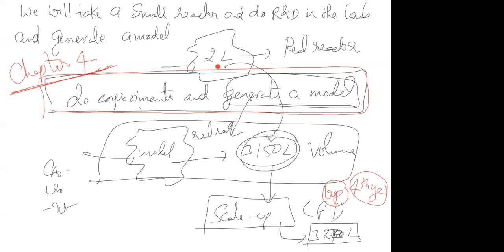But when you scale up, the behaviors will change, no? That is where the concept of transport phenomena comes into the picture. You will correct the 3150 volume for the flow corrections, from 2 liters to 3150 liters. There will be some change in the flow patterns inside the reactor. Clear? That correction is done by transport phenomena. Finally, our reactor volume is 3270 liters, which directly goes to the plant.